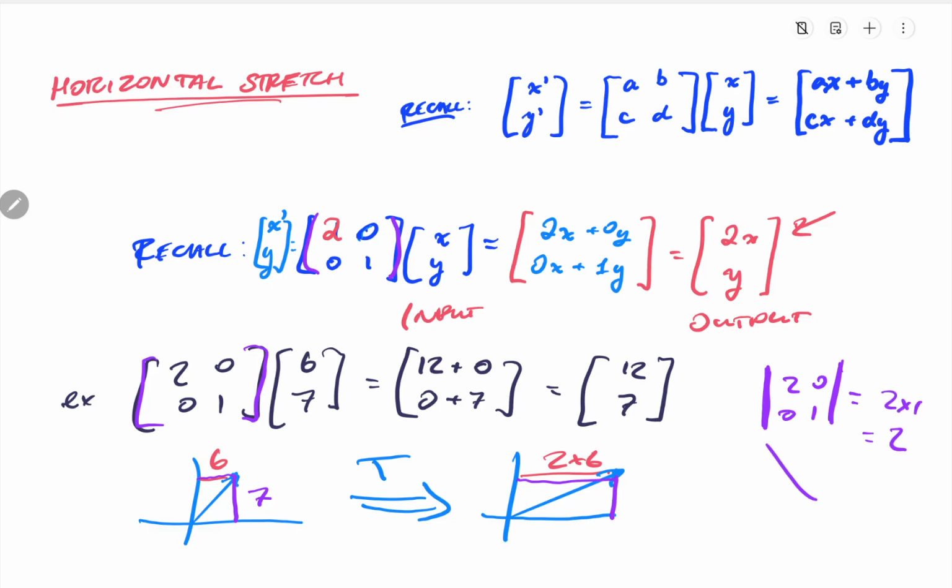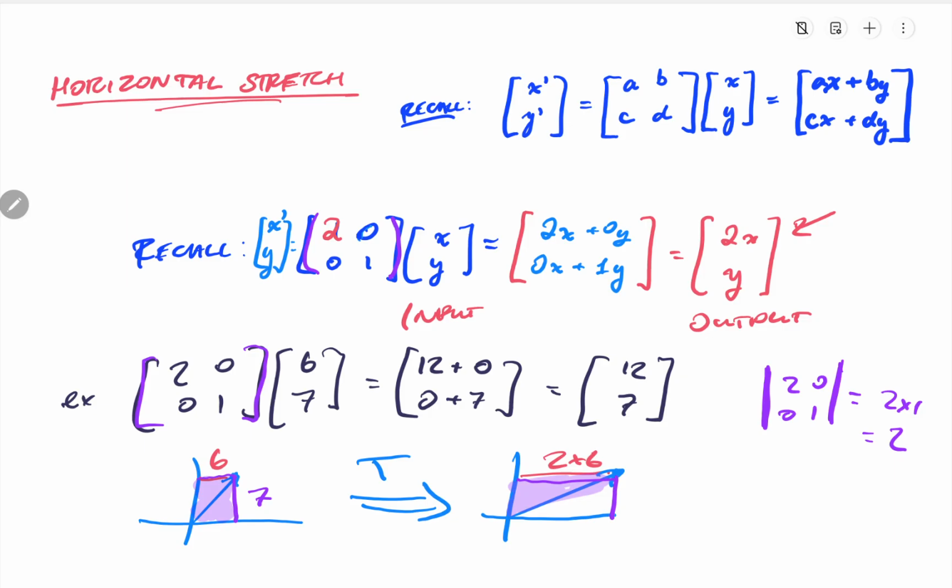So if we look at the area of the rectangle created by the matrix, if we extend those lines down, the area of this one will be half of what the new rectangle is.